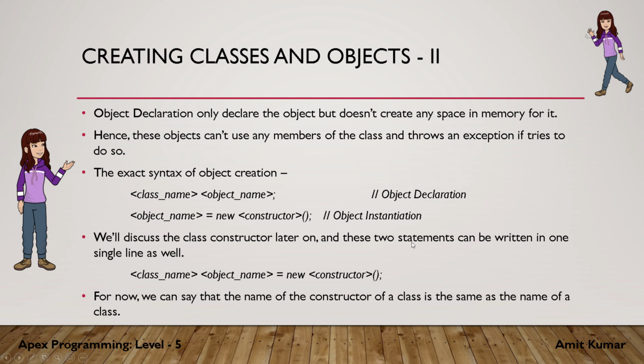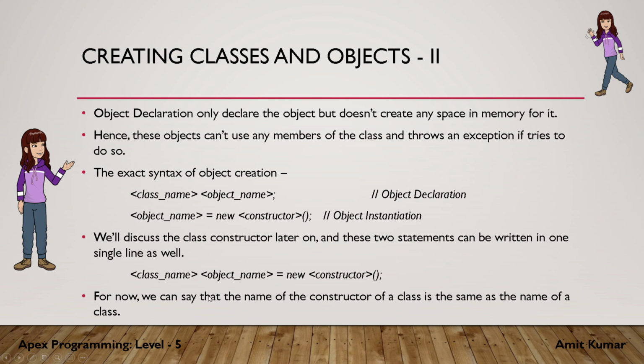So if only the object is declared and not instantiated and we try to access a member of the class, then definitely it will throw an exception, because object declaration will not have any memory space, and as it will not have any memory space, it will not have any data member or member method, and hence we are unable to call them.